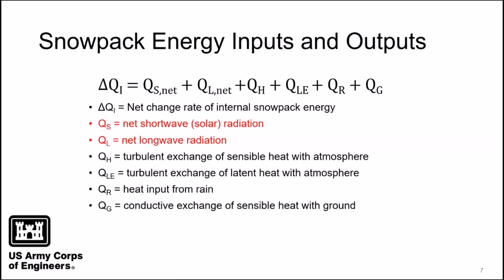So this is the equation representing the main sources of energy inputs and outputs to the snowpack. We like to show these equations because when we go on to talk about the different methods, we talk about different simplifications and which of these terms are omitted for each method.